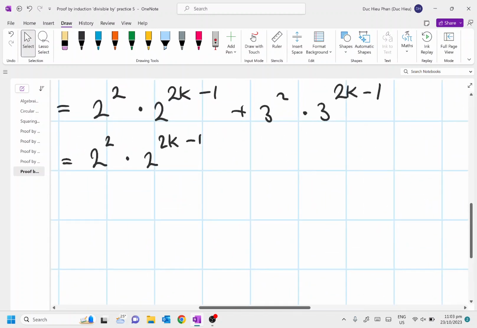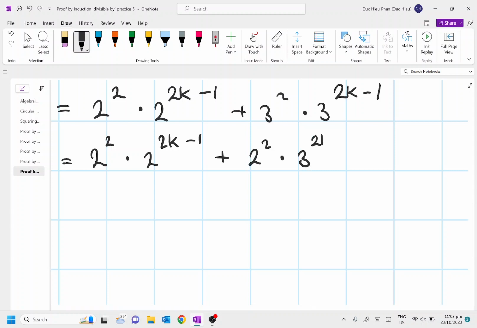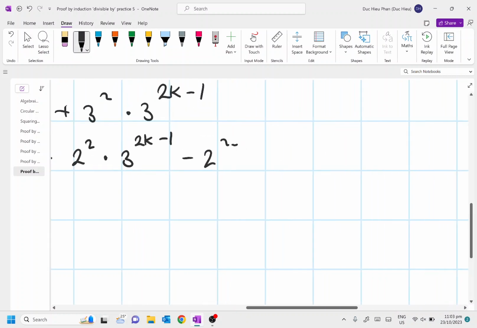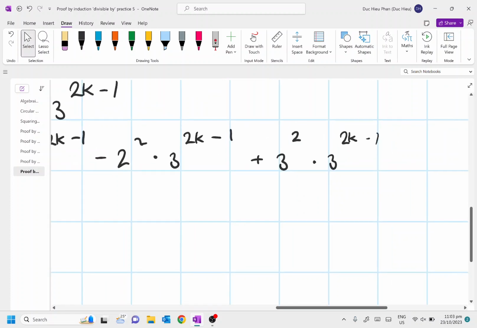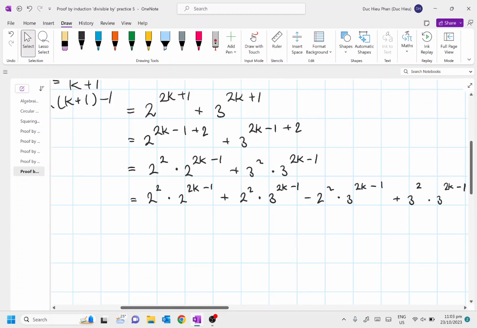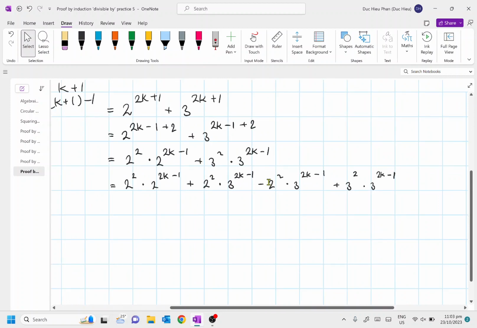So you add 2 squared times 3 to the power of 2k minus 1 minus 2 squared times 3 to the power of 2k minus 1, and plus the remaining 3 squared times 3 to the power of 2k minus 1. Let me just check. Plus, minus, same thing. Okay.